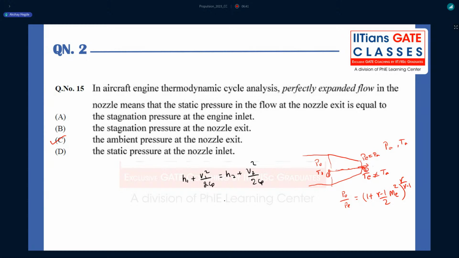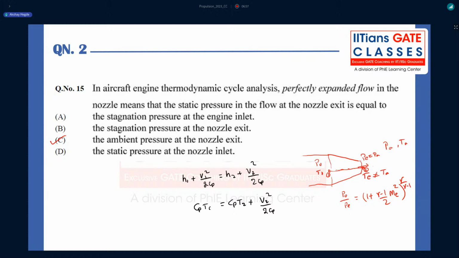H2 can be written as, if I assume it's calorically perfect, Cp T2 plus V2 square divided by 2Cp. And if I assume a very low subsonic value at the entry of the nozzle, this becomes my stagnation condition.